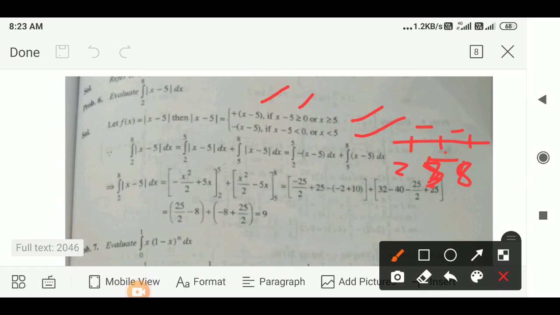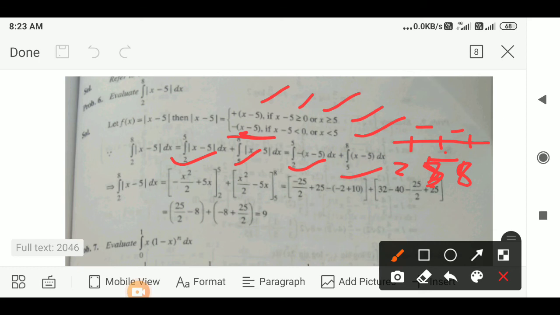So integral 2 to 5 of mod x minus 5 dx and 5 to 8 of mod x minus 5 dx. From 2 to 5, less than 5, the function is negative. So in this case we take 2 to 5 of minus x minus 5 dx. And from 5 to 8, more than 5, the function is positive, so it is 5 to 8 of x minus 5 dx.